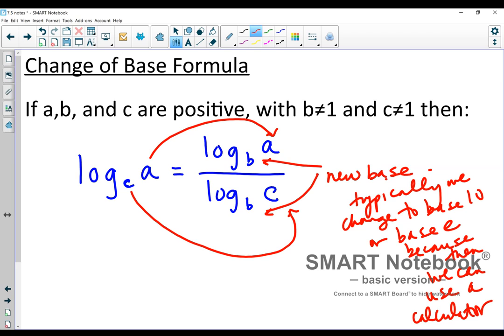So if I have log base 2 of 3, I can't figure that out by hand, right? 2 to no power is ever going to equal 3. We know it's going to be a decimal. Then I could say, well, I want to use base 10. And then I could make it log 3, remember, base 10, we don't have to write the base, divided by log 2. So that's our change of base formula.